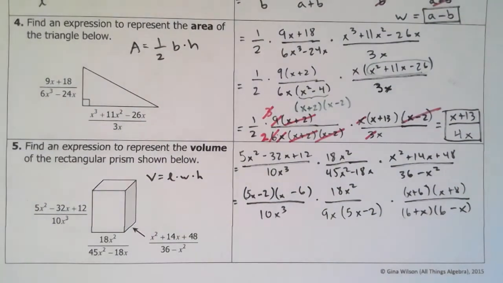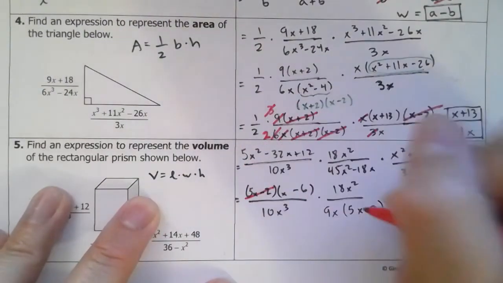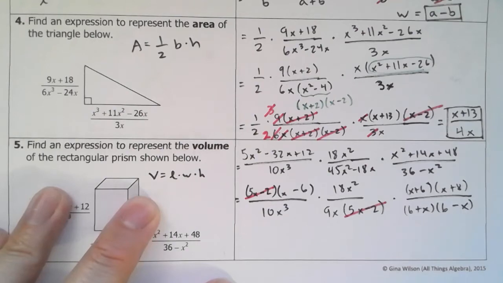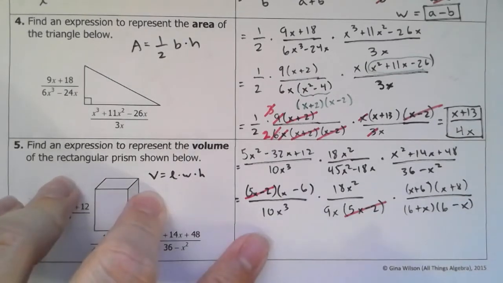Okay, now we can go in and simplify. 5x minus 2, 5x minus 2. Okay, let's leave that one for last.